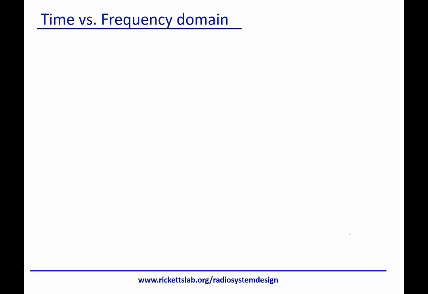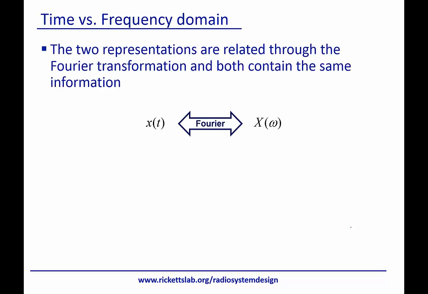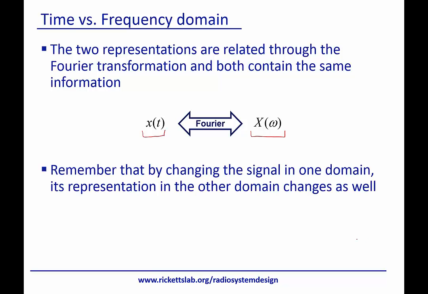Alright, now we've been talking about the time versus frequency domain, and as you know we can go between those two using the Fourier transform. The Fourier transform will take us from a time domain signal into a frequency domain signal, as you know. And just as a reminder, if you change a signal in one domain, it gets changed in the other domain.